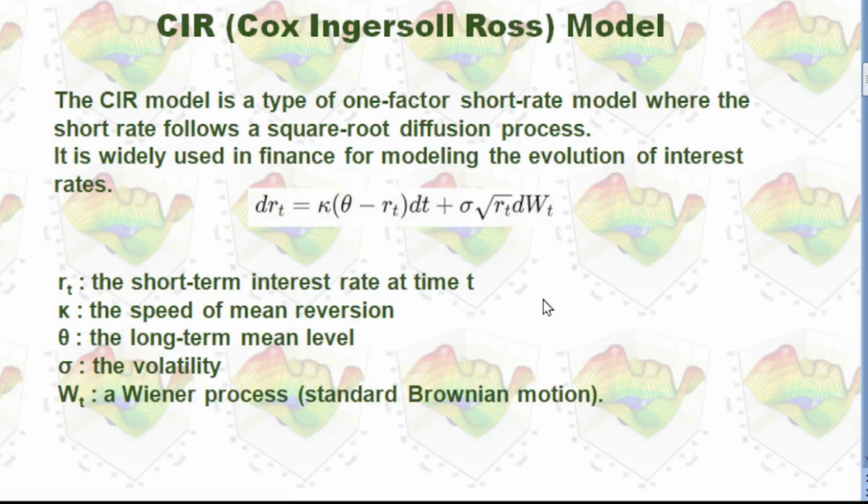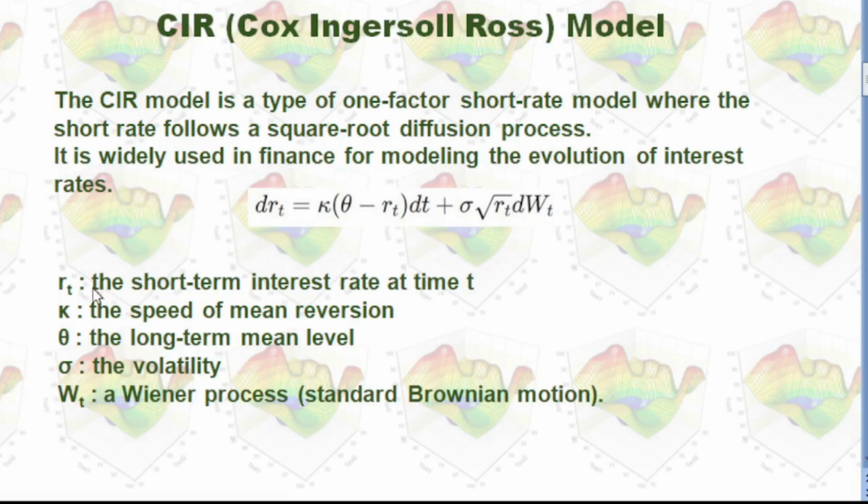Now, let's take a look at CIR model first. The CIR model is a type of one-factor short rate model where the short rate follows a square root diffusion process. This is the formula for the CIR model.